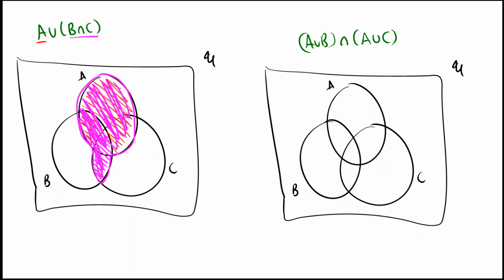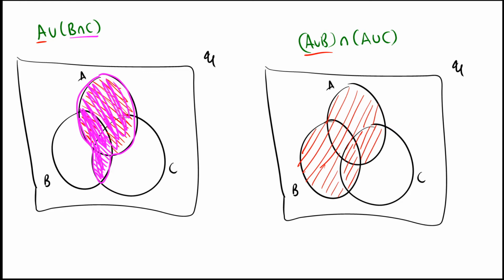Now on the right side, here's what I'm going to do. I'm going to do A union B in red. So A union B is going to be all of this area here. So this is everything that is in either A or B. Okay, that covers all of that.